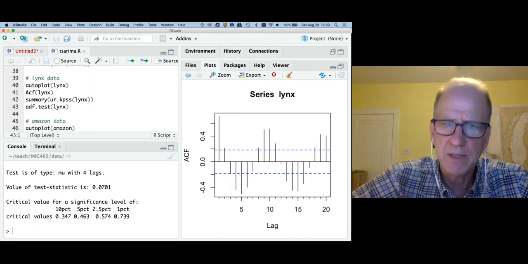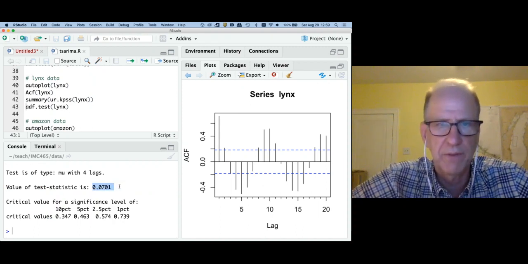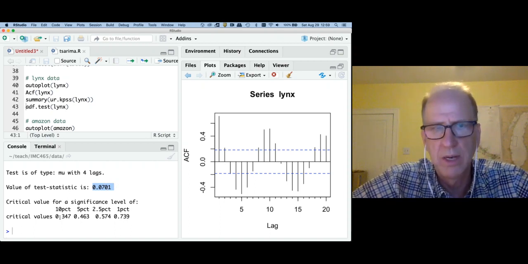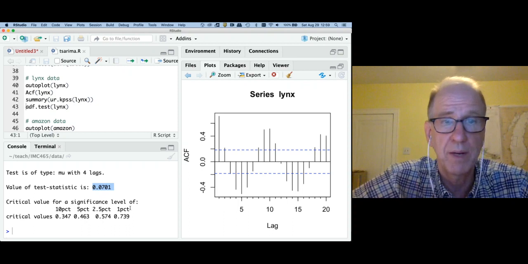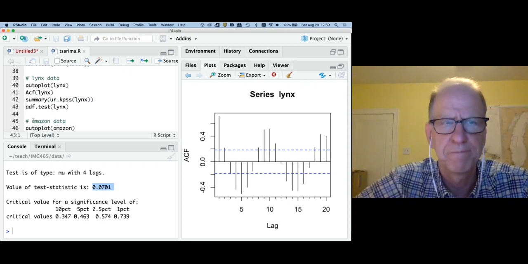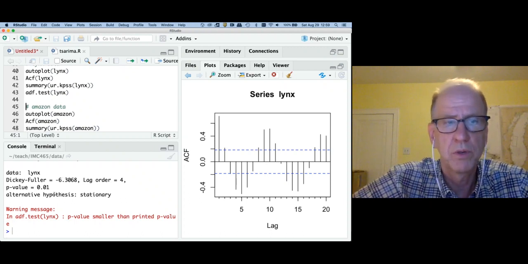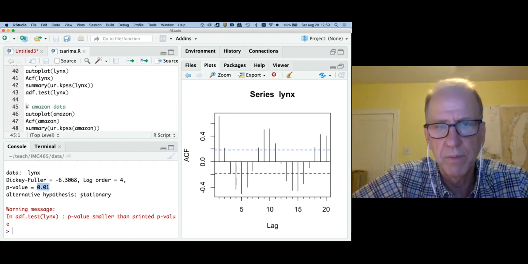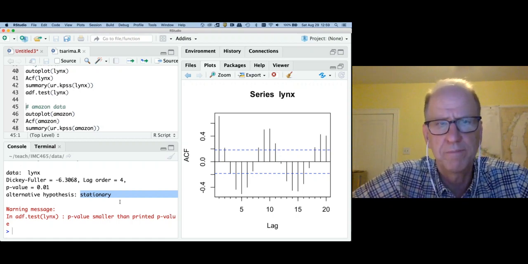If we look at our KPSS test, though, this is nowhere near being significant. That value is much smaller than any of the critical values, suggesting I can't reject the null hypothesis of stationarity. If we do the ADF test, we're going to come to the same conclusion. A tiny p-value means we're going to reject the null and conclude that it's stationary.